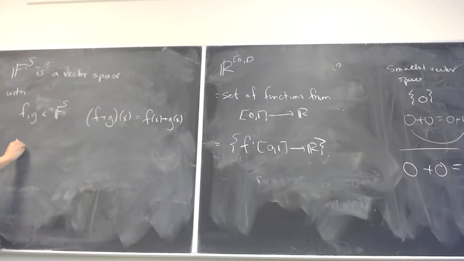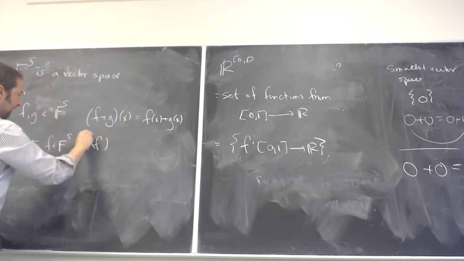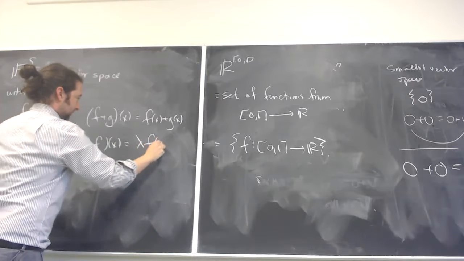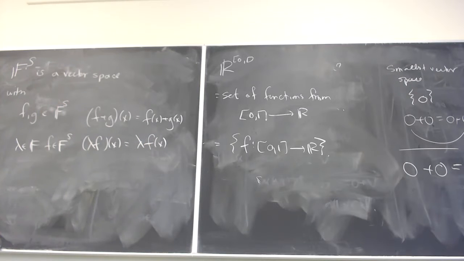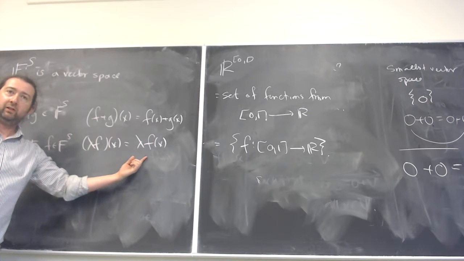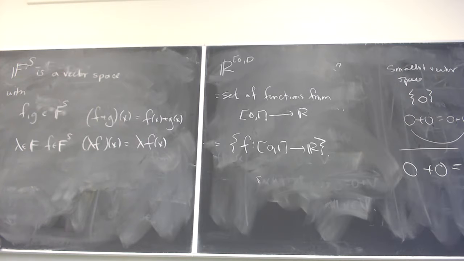And if I have lambda in the field, and I have f in this weird space of functions, then lambda f... I'm using lambda because he does. For some reason, he decides to use lambda instead of c, just in this particular example. But basically, regular old function addition and function scalar multiplication. With those operations, this is a vector space.